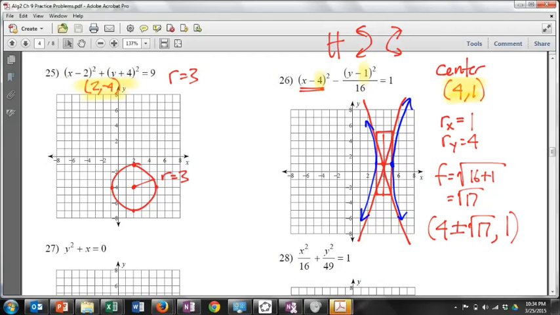So I took my center up here, and then I added and subtracted to the x-coordinate, because it's going to be moving to the right and to the left. So 4 plus square root of 17 and 4 minus square root of 17 will be my two focus points, and I can kind of estimate them right here and right here, 1, 2, 3, 4, right around there approximately. Okay, let's move on.